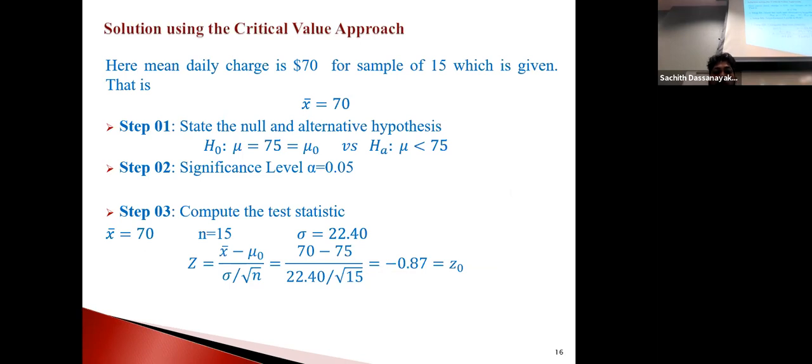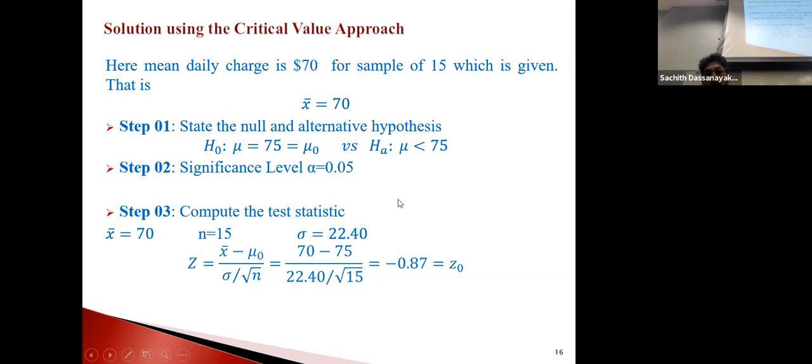First, you have to mention what H naught and HA are, the null and alternative hypotheses. Find X bar, find sigma if they have given it, then find the significance level alpha. Based on the side of the test, 2 tail or 1 tail, you have to decide whether to use the critical value approach or the p-value approach, and based on that you make a few changes.